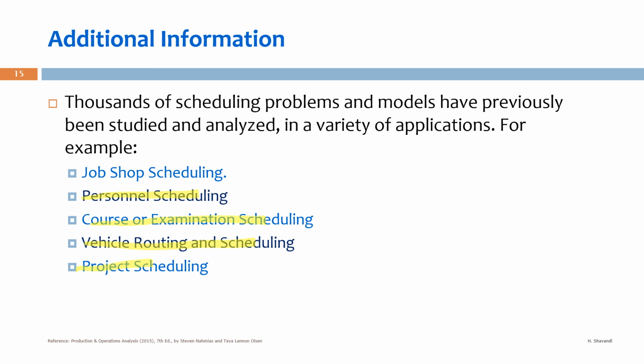So scheduling is not just about a manufacturing environment. It can be applied anywhere that we have some tasks or jobs or things to do, and each has a time, and we have an available time. So for sure, there we can apply the scheduling methods.